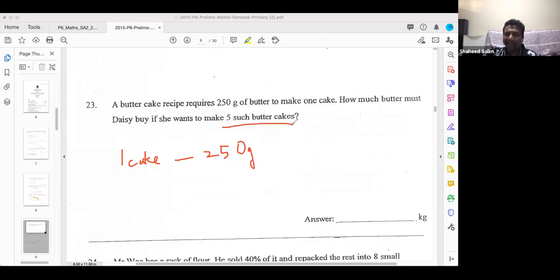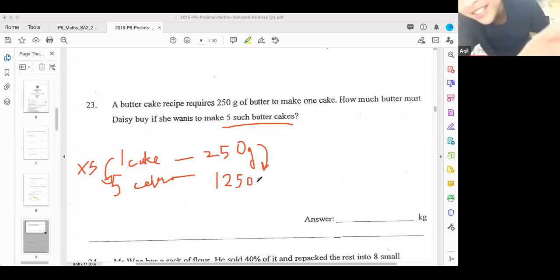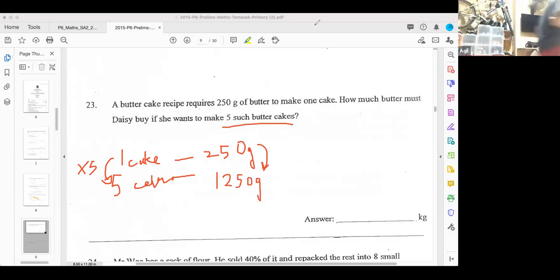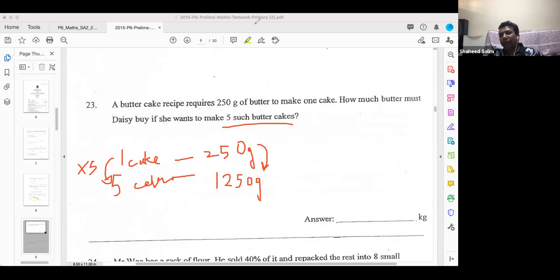You want 5 cakes. And once you are making the 5 cakes, you try to eat Lay's potato chips. Very delicious. How much did you pay for that potato chip, mister? $4.20 at 7-Eleven. Wow! That's quite expensive.